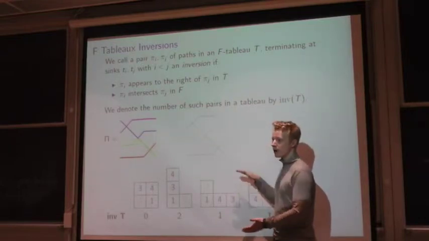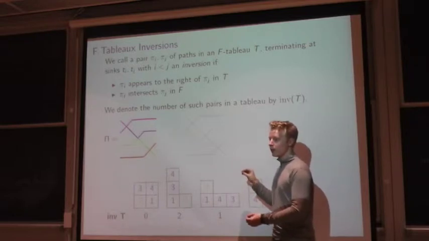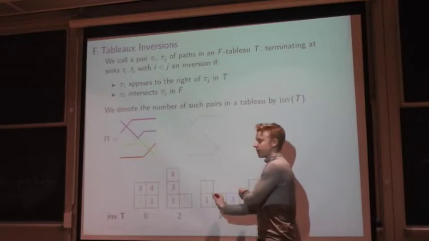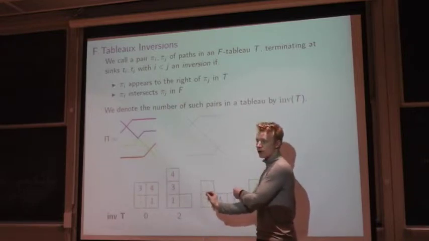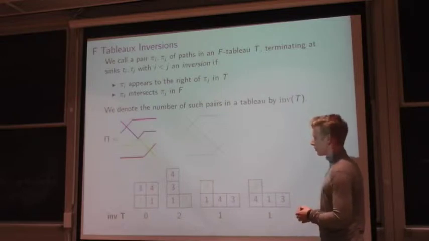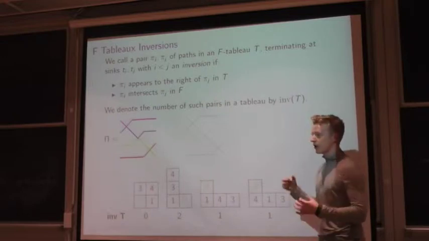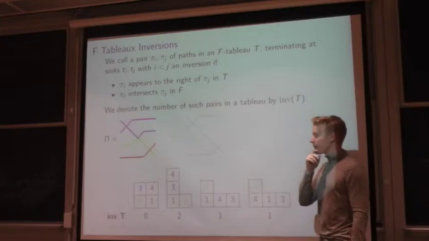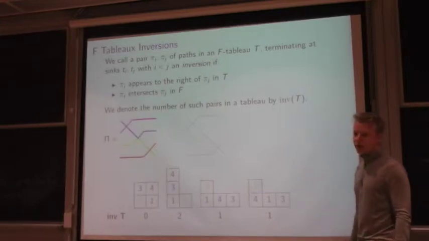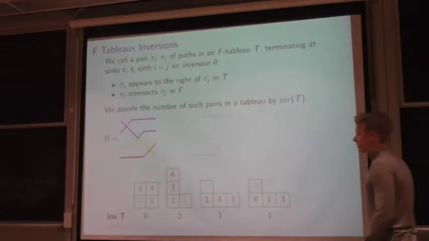So we don't care where they are vertically in the tableau, but the path with the greater sink appears horizontally before the path with the lower sink. And furthermore, to count as an inversion, we require that those two paths intersect in the planar network. Okay, and then we say that n(T) is the number of inversions in the tableau. So let's look at some examples of that.